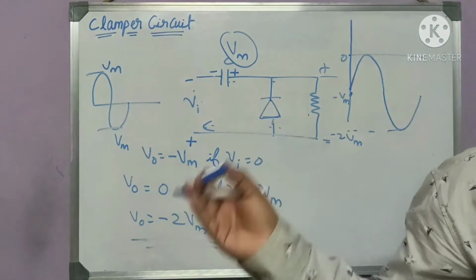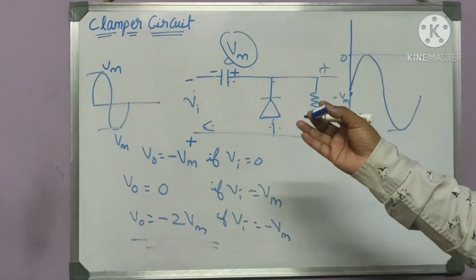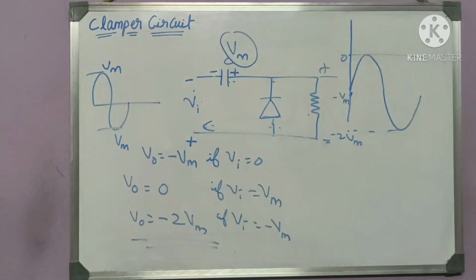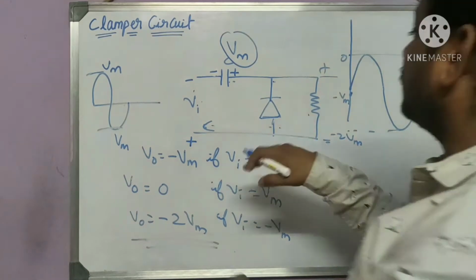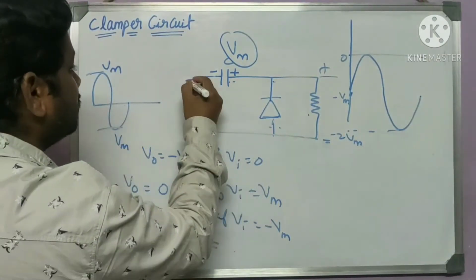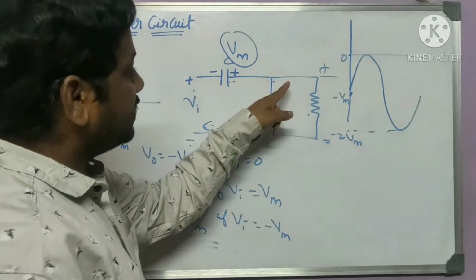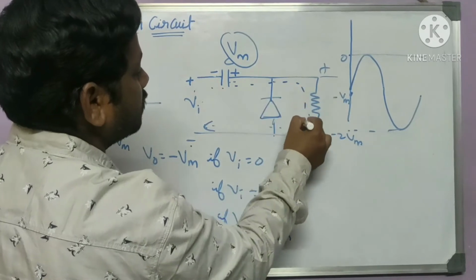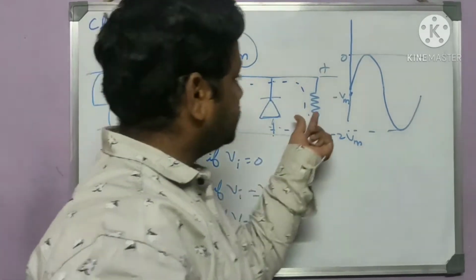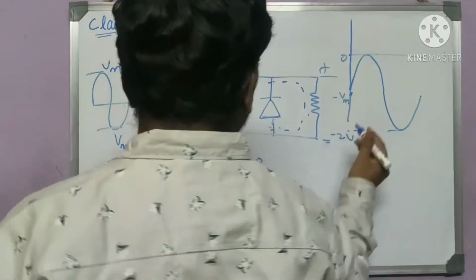But once we get the positive cycle, whatever the stored voltage is there will start discharging over there. So during the negative cycle it is charged in this fashion. During the positive cycle, this is going to become plus and this is going to become minus, and it will start discharging through the resistor R.